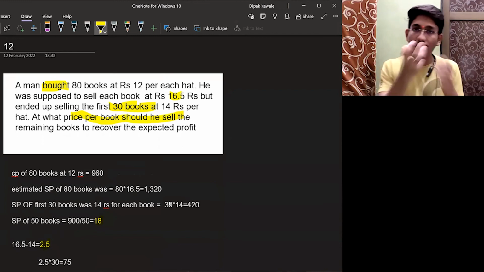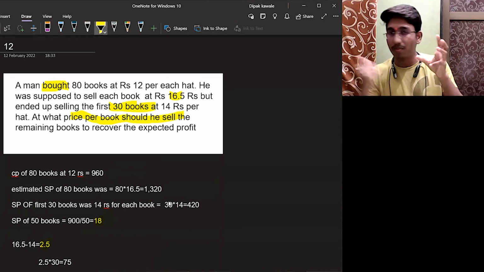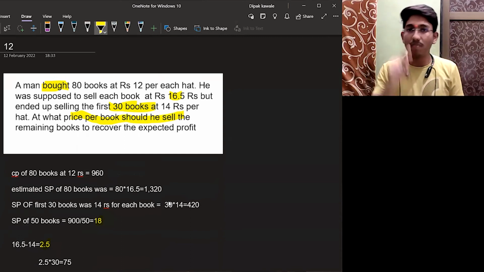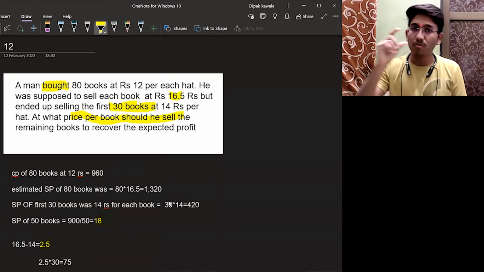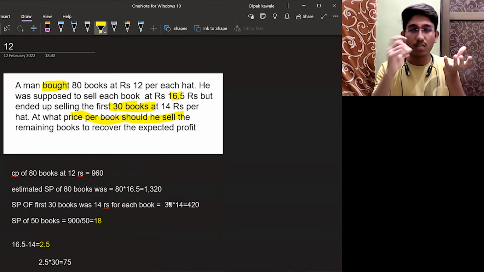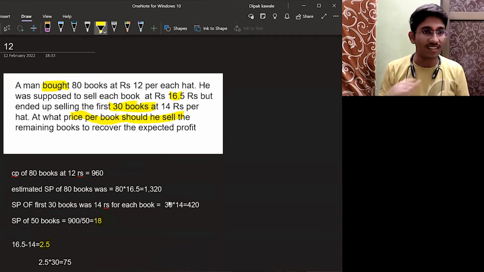Okay, so this 75 I have to recover on how many books? On the remaining books, 50 books. So 75 divided by 50 is nothing but my 1.5. Sir, this much value should I increase from my estimated value so that I will get my expected profit? So 16.5 plus 1.5, okay students, which is nothing but 18.